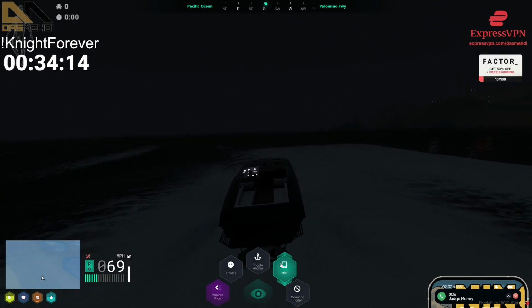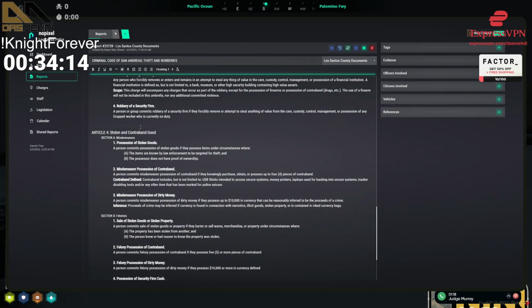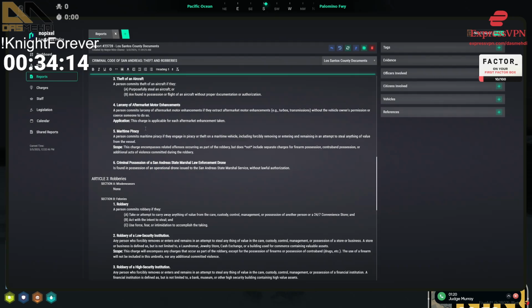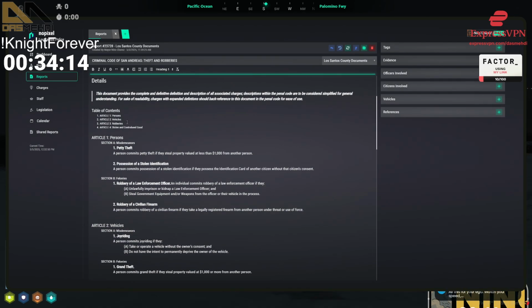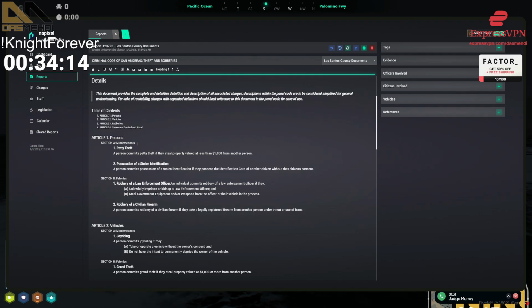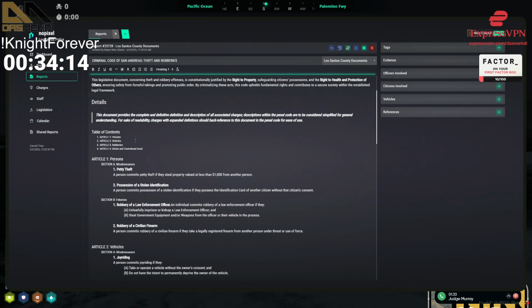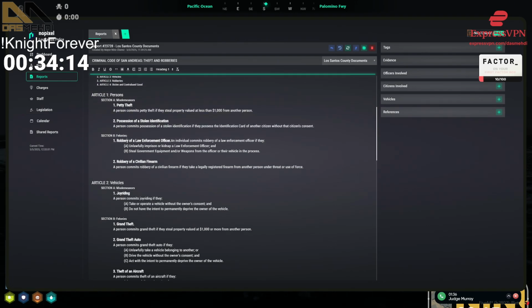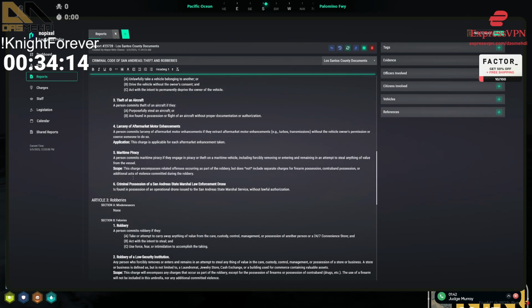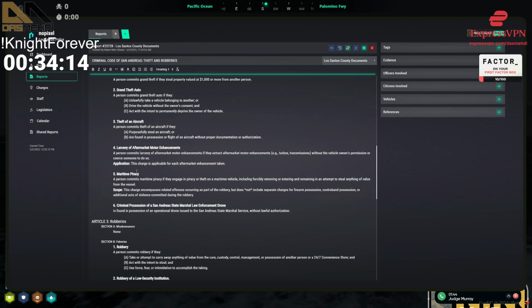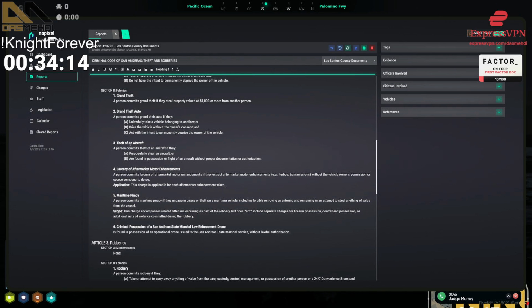But the idea is that if any one of these things needs to be expanded upon or subsectioned, it's very easy to. The example I give is, you see what misdemeanors are: misdemeanors against persons, against vehicles, against robberies, whatever. So let's say theft of an aircraft.